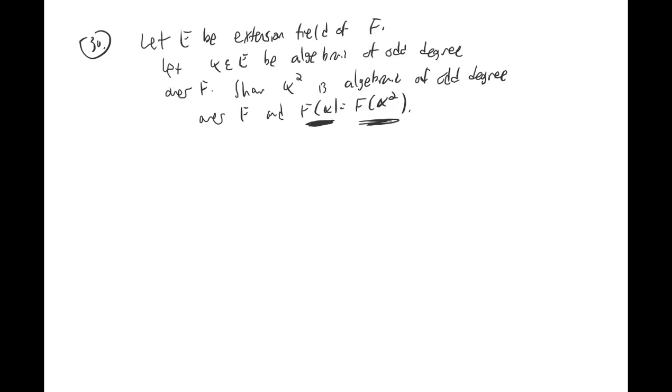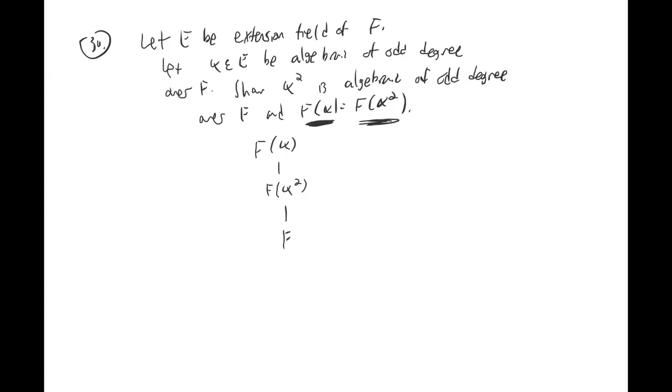It's not clear that if you have alpha squared, then you must have alpha. So is everyone clear that this is true? Everyone agree? So does everyone see why we're done with the first part?